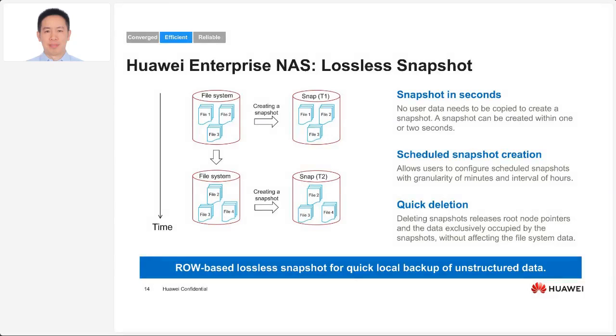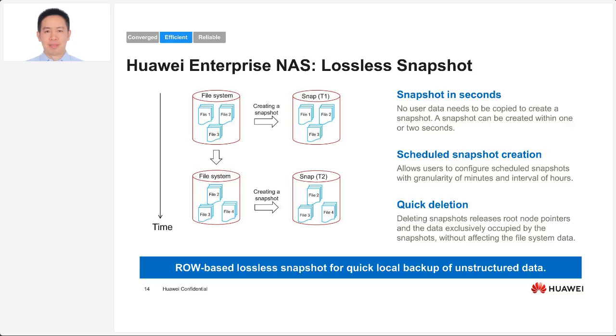And at the end of the day, we are always thinking about how we can get a lossless snapshot of the file system, and be quicker. We call it a second-level snapshot: no user data needs to be copied or created in the snapshot. A snapshot can be created within 1 or 2 seconds. There is also scheduled snapshot creation with a quick deletion function.